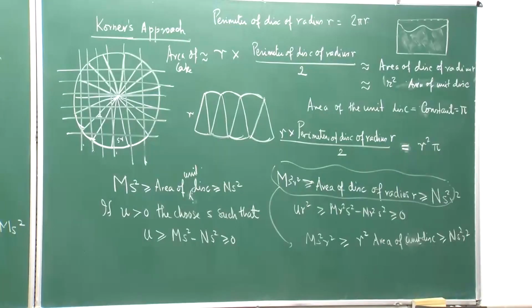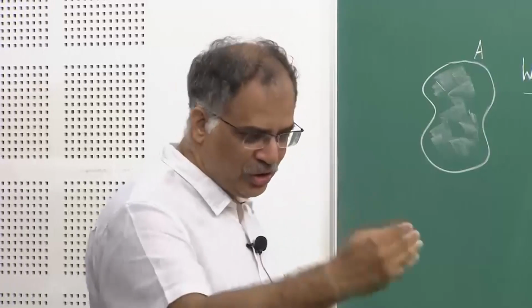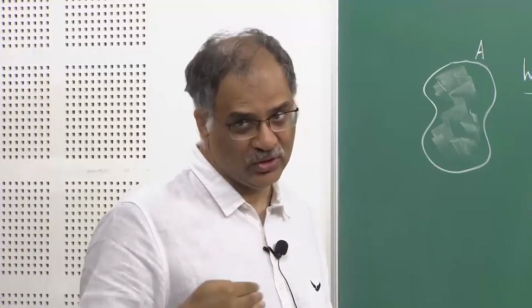Which means the perimeter of the disk divided by the diameter is always constant. Whatever your radius r, the ratio of the circumference by diameter is always constant.